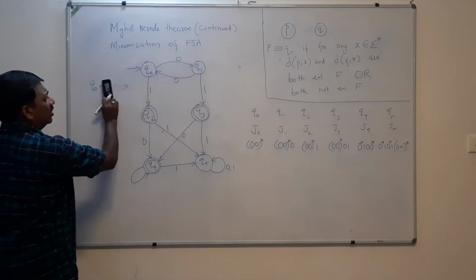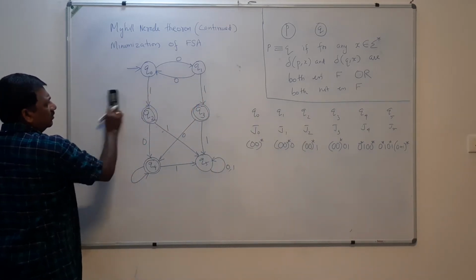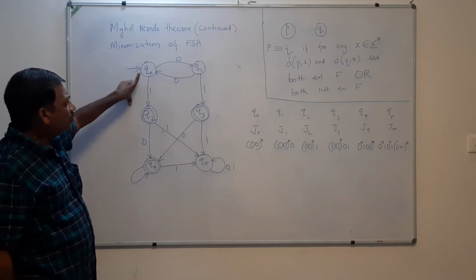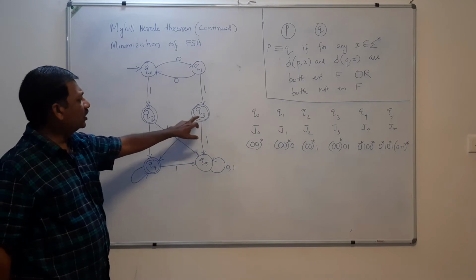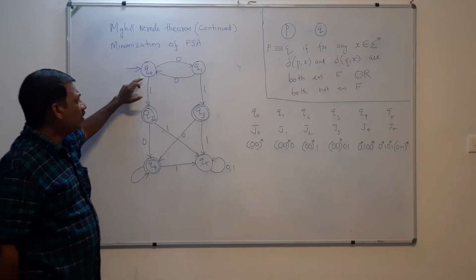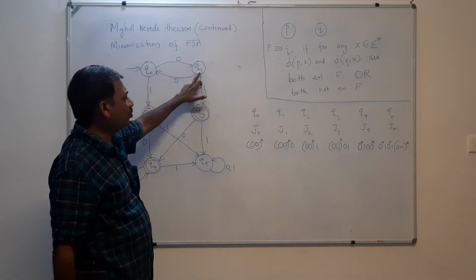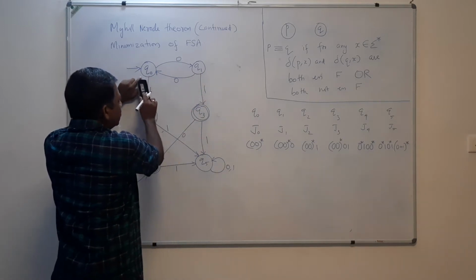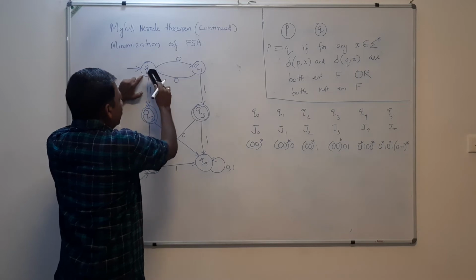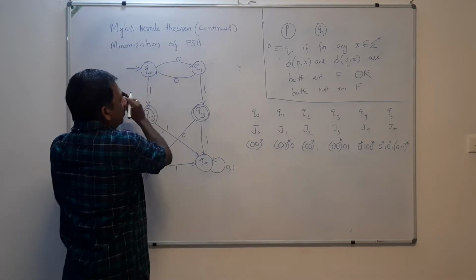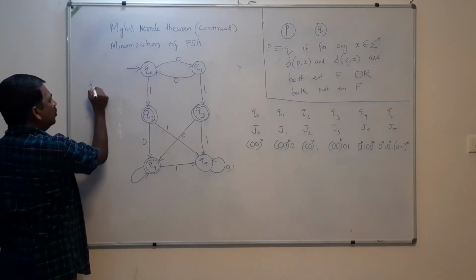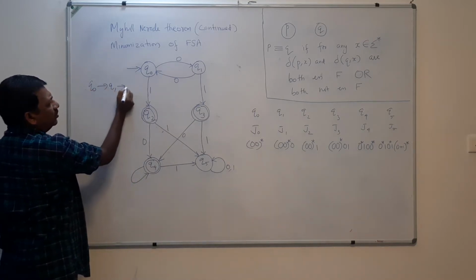Now, what is the set of strings which causes the control to reach Q3 from Q0? From Q0 you have to reach Q1 and then Q3.